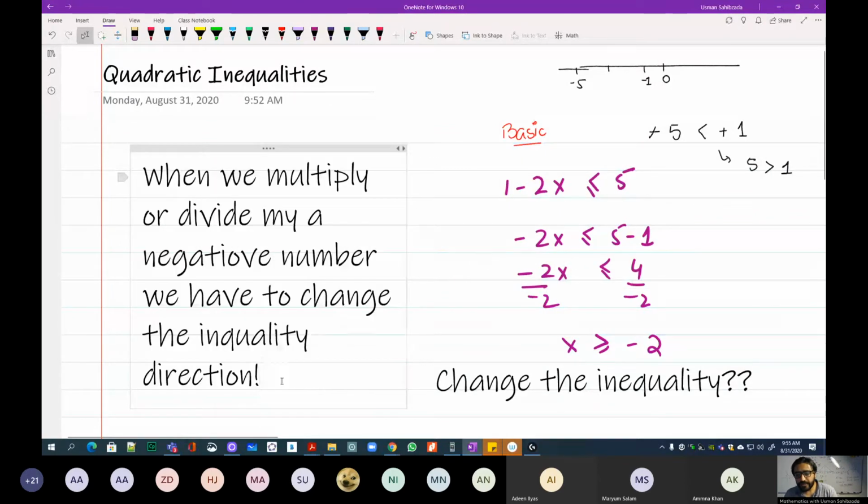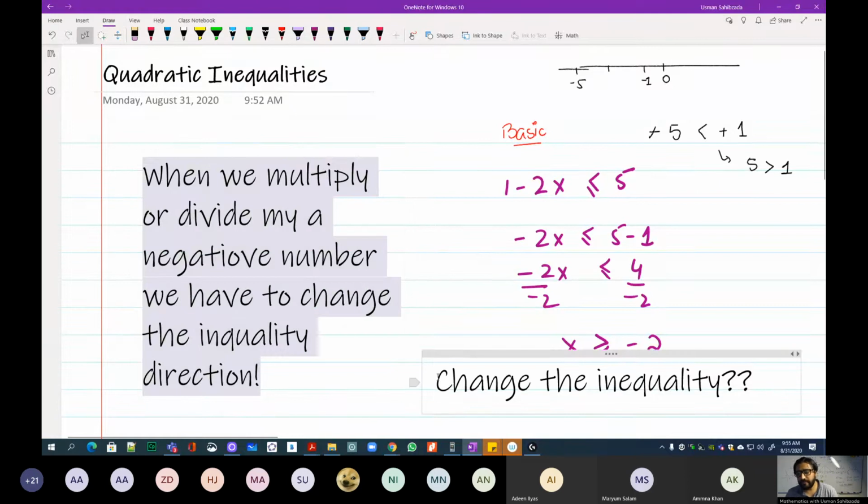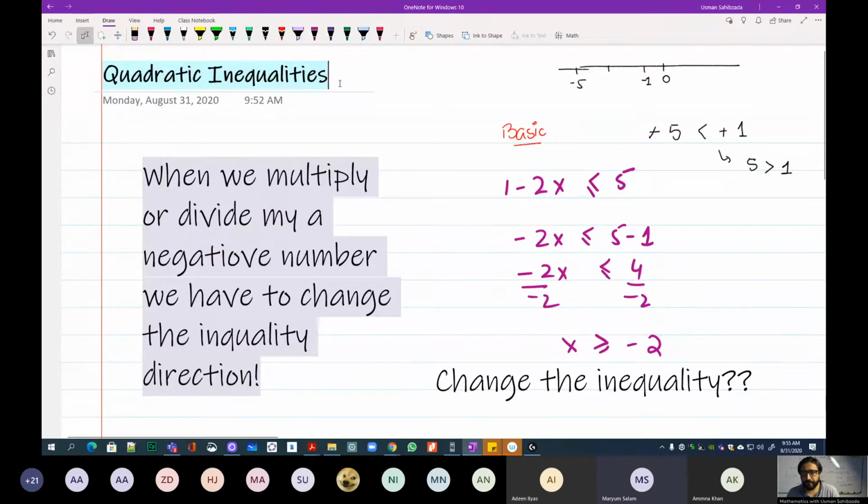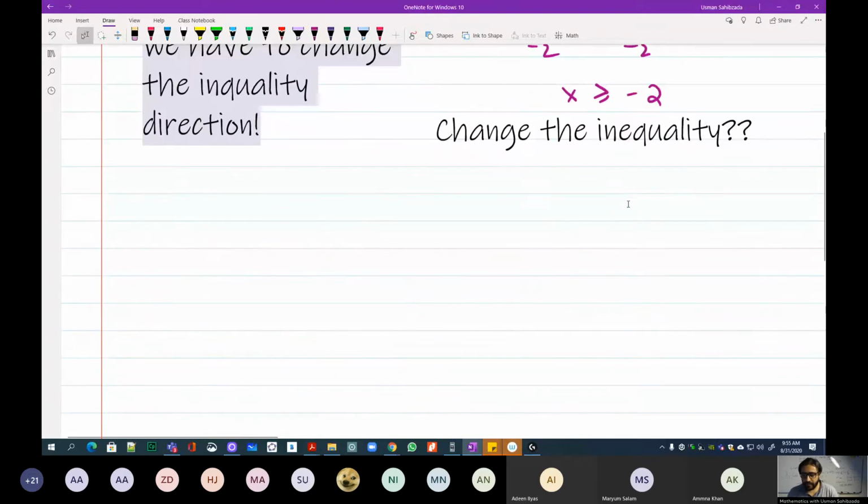All right, so these are key points. These are very important. You must never forget that. Quadratic inequality. If we're not dividing or multiplying by a negative number, then there's no need. You must not change the inequality sign then.